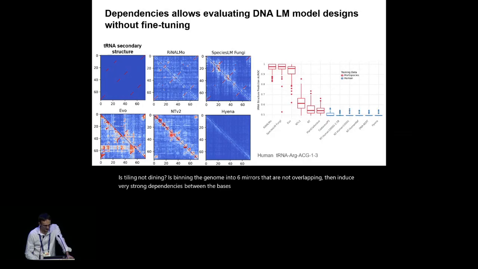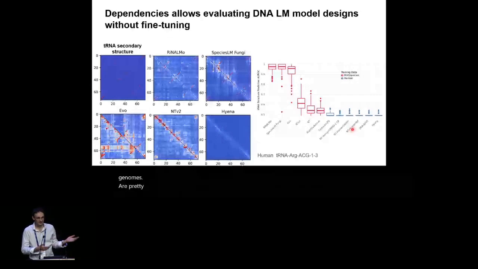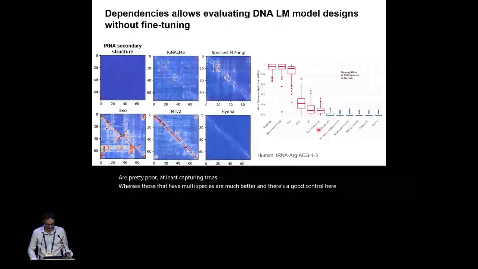The most important take-home of this benchmark was that the models that are trained on only the human genome are pretty poor at capturing tRNAs, whereas those that are multi-species are much better. And there's a good control here because the nucleotide transformer comes in with the same parameter size with or without multi-species.